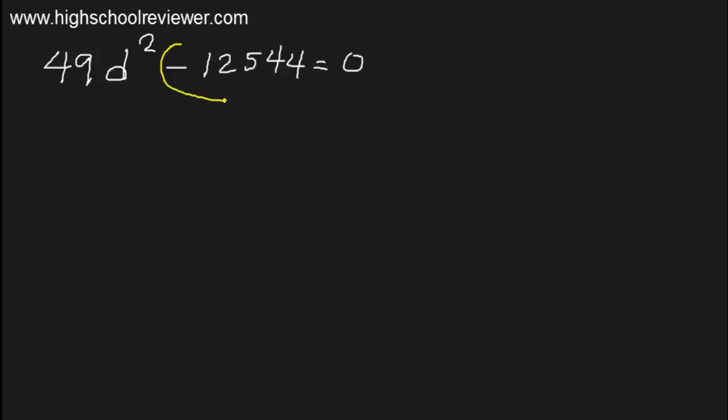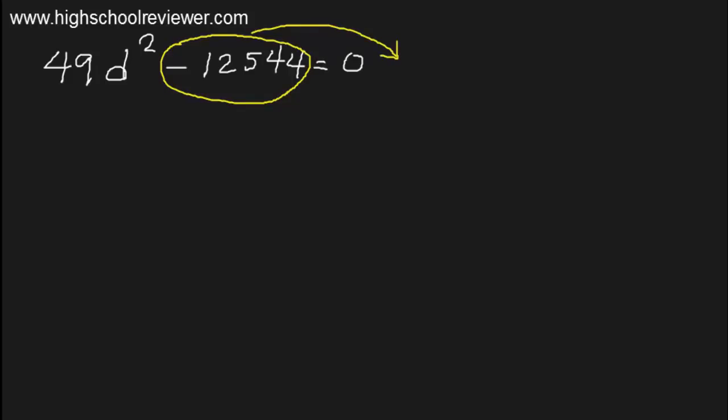Solving quadratic equations by extracting square roots. Our next problem, we have positive 49 d squared minus 12,544 equals 0. So to solve for the value of d, first we need to transpose negative 12,544. So we need to transpose this to the other side.